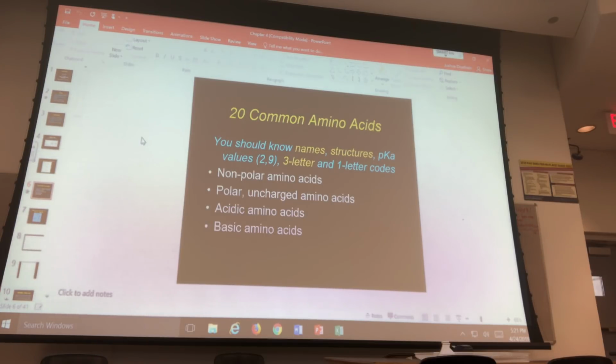Other type of determination type things. Determine the isoelectric point of a peptide given the peptide sequence. All right, I've gone over that. There are these tricks, and I've taught you guys how to make certain things called charge diagrams to help you answer these things. Please refer to those things.